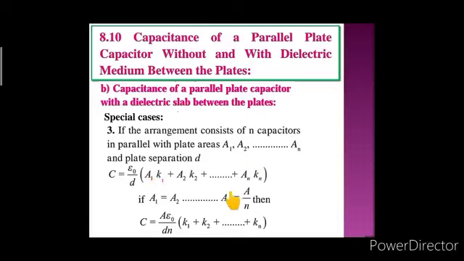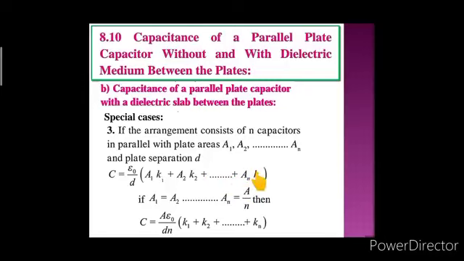The value of A1 we are taking as A upon n, so it will be A K1 upon n plus A2 also we are taking as A upon n, so it becomes A K2 upon n plus till An will be taken as A upon n, so it will be written as A Kn upon n.